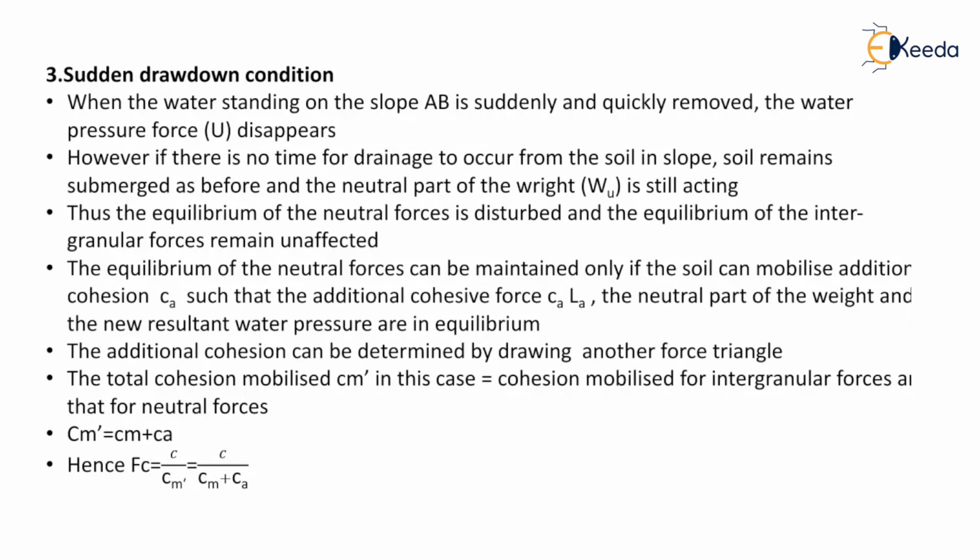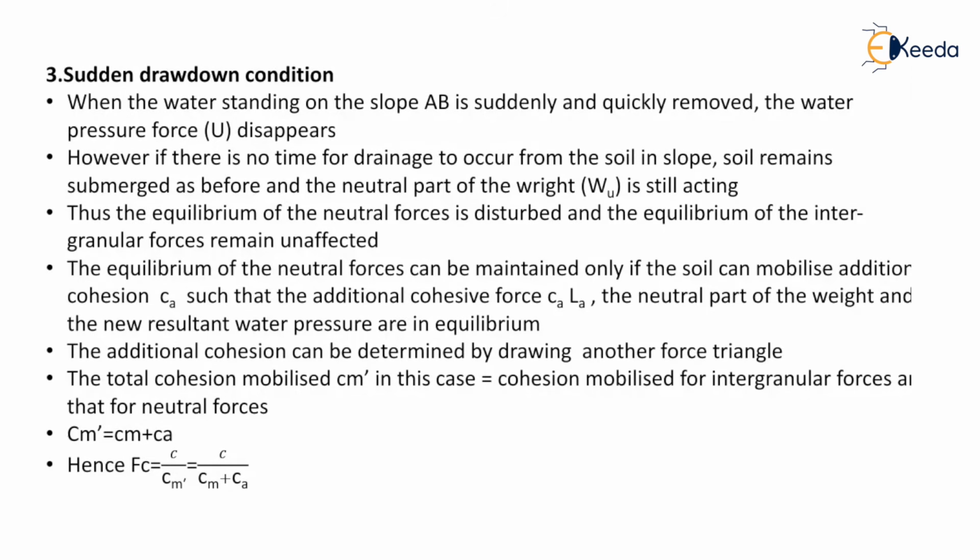The equilibrium of the neutral forces can be maintained only if the soil can mobilize additional cohesion Ca such that the additional cohesive force Ca into La, the neutral part of the weight and the new resultant water pressure are in equilibrium. The additional cohesion can be determined by drawing another force triangle.